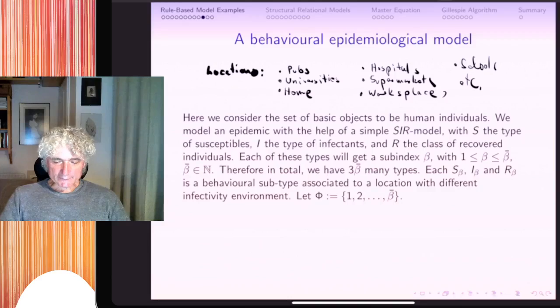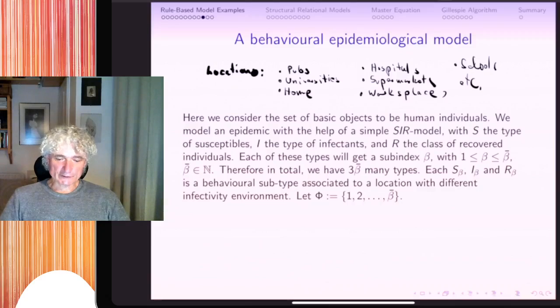So this, of course, also has a certain behavioral aspect, because, for example, if you go to the pub, that is a kind of behavior. If you go to hospital and if you are sick and you have to go to hospital, that is not so much a behavior, it's more a necessity.